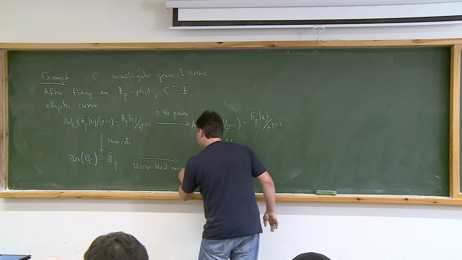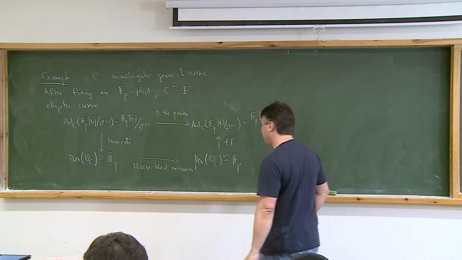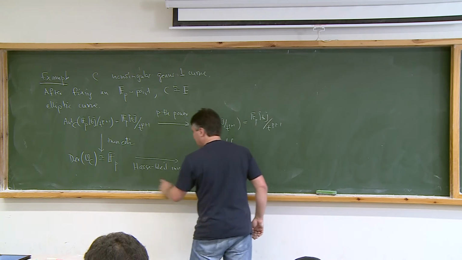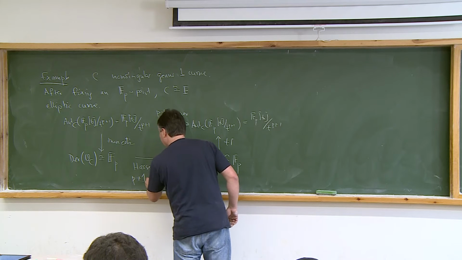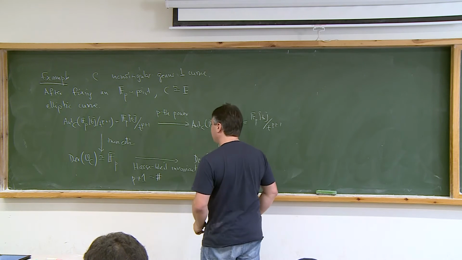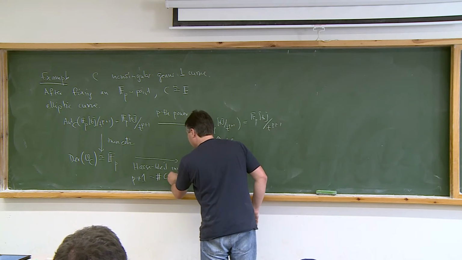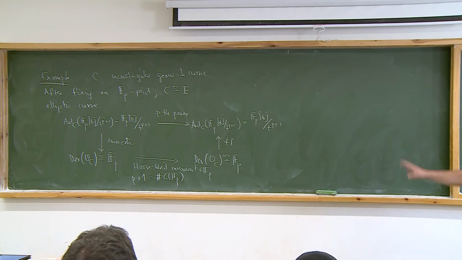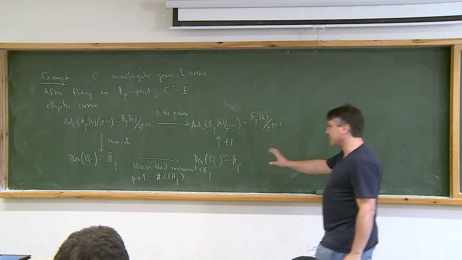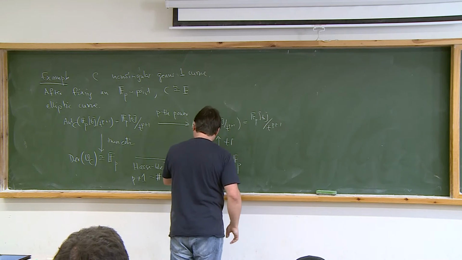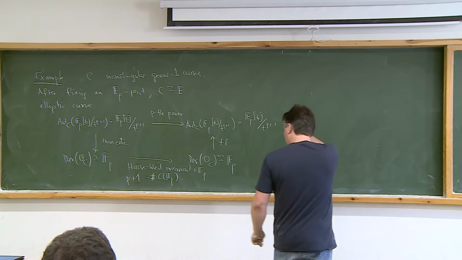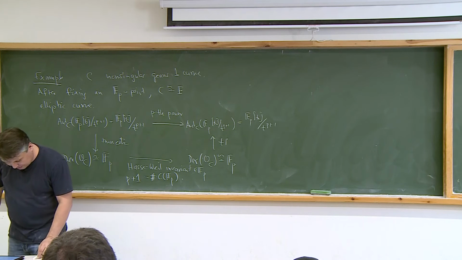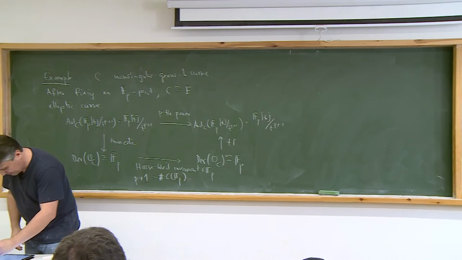There you go. So the Hasse invariant is an element of Fp in this case. You can think of it as p plus 1 minus the number of Fp points. There you go. Okay? So this has some number theoretic meaning. I have to say that personally, the connection between the formal group and the counting of points mod p is a little bit of a mystery, but it's just because I'm not much of a number theorist.